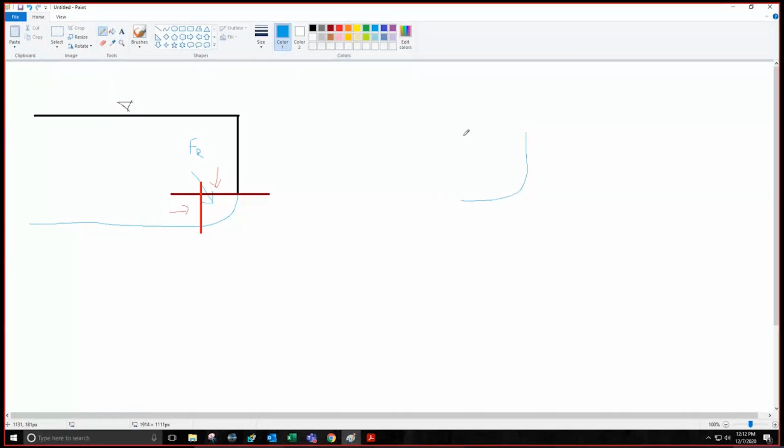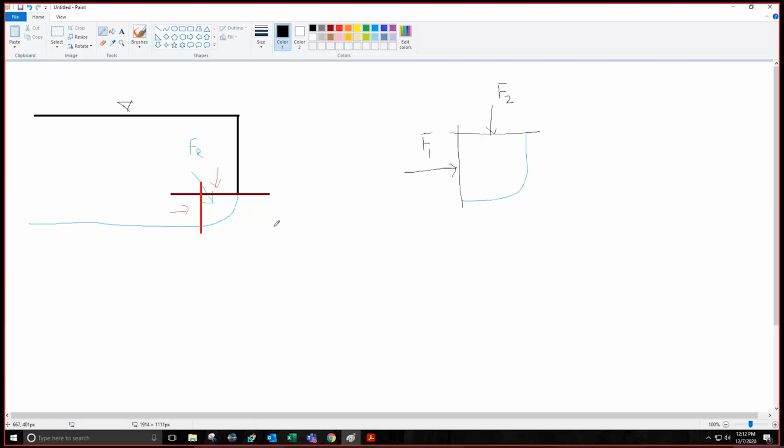So we redraw this curved body and we project its rectangular surface like this. So there will be a force on this top projected area, which we label as F2, and we label this as F1.